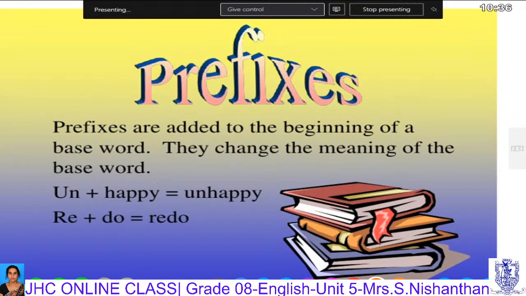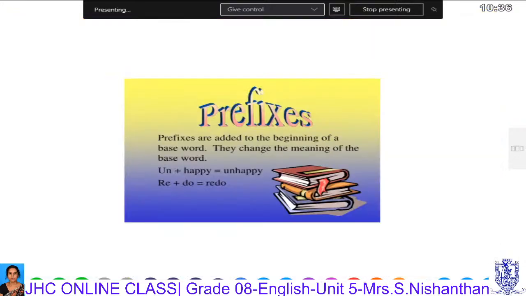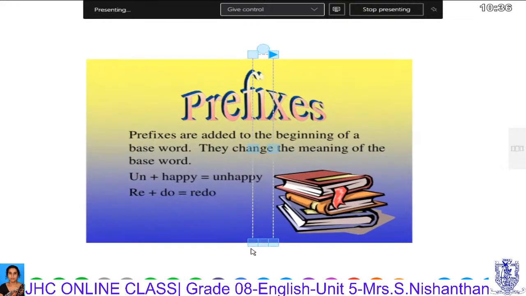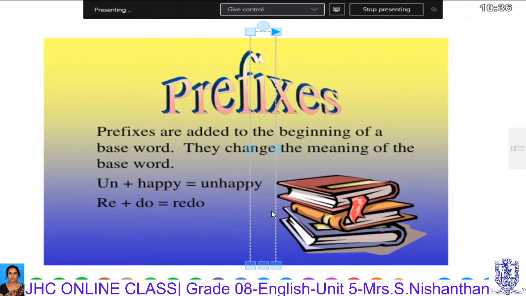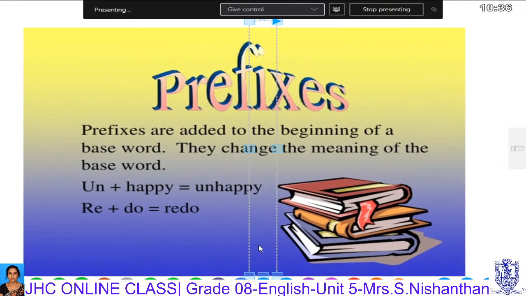Now look, prefixes. What is a prefix? We are now looking at the prefix. A prefix is added at the beginning of a word. They change the meaning of the base word.